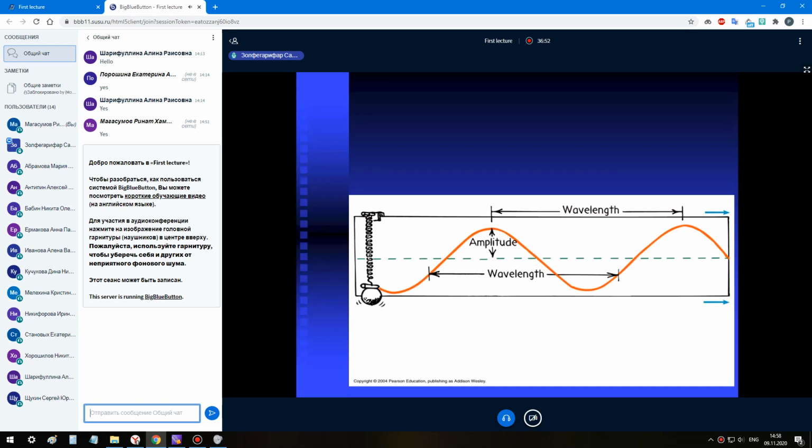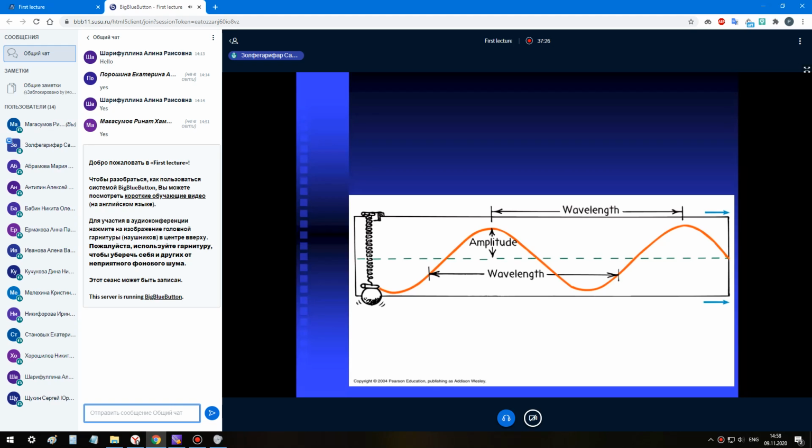When the oscillations are regular, the motion is called simple harmonic motion, or SHM, and can be described by a simple sine curve. This curve shows the wave motion and the amplitude of the motion of the mass on a spring.